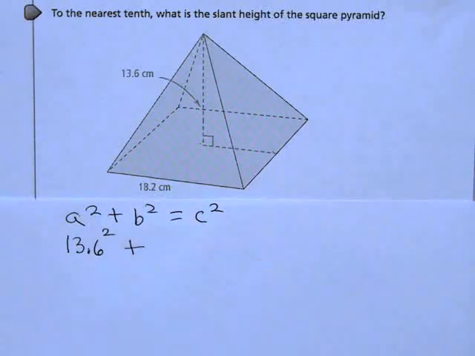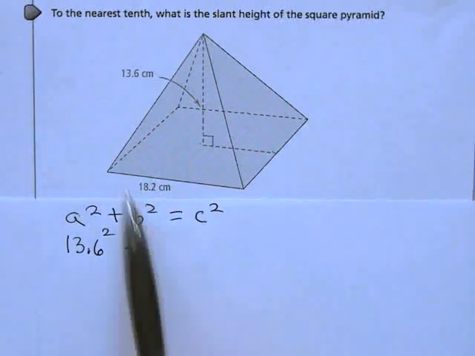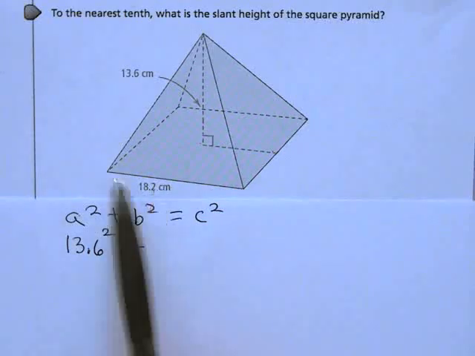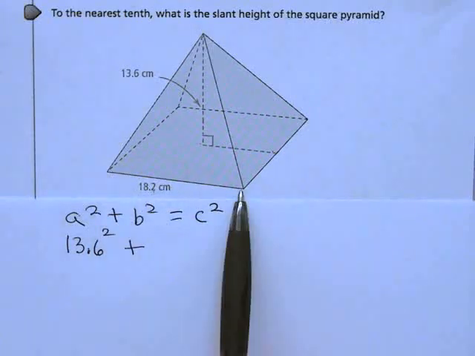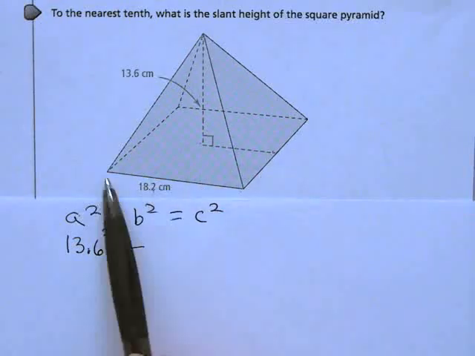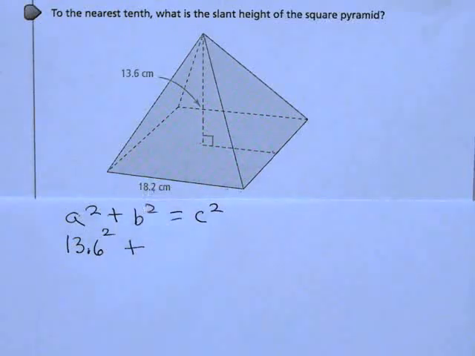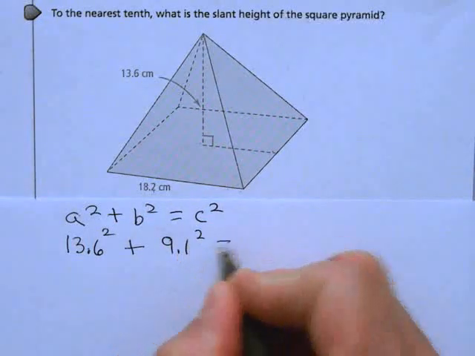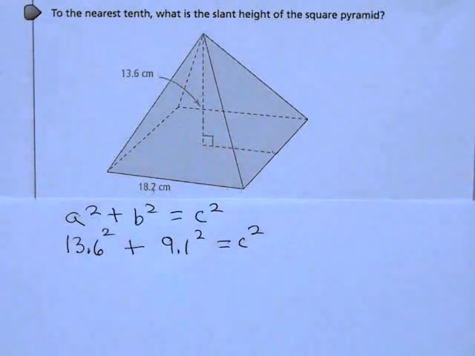Well, it seems that 18.2 is what most people would use, but that would be incorrect. This 18.2 is the distance from here to here. And I need the distance from here to here, which is half of this distance. So half of 18.2 would be 9.1 squared. And that will equal c squared, and c will represent the slant height.